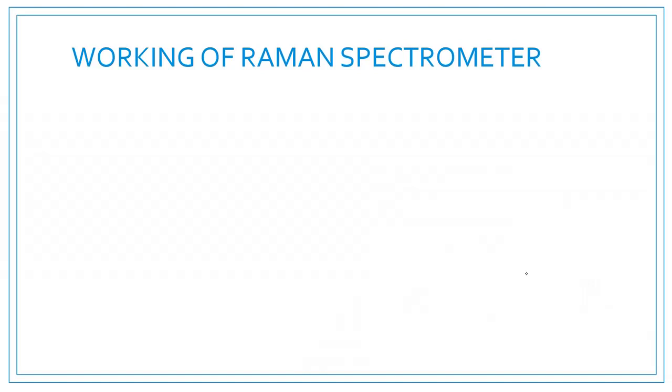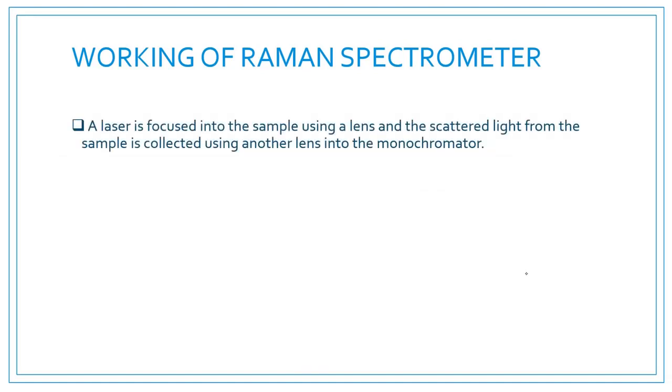Now let us see how the Raman spectrometer works. We have seen that the excitation source is a laser. This laser is focused onto the sample using a lens, and the sample will scatter light, and we are expecting high intensity Rayleigh scattered lines.